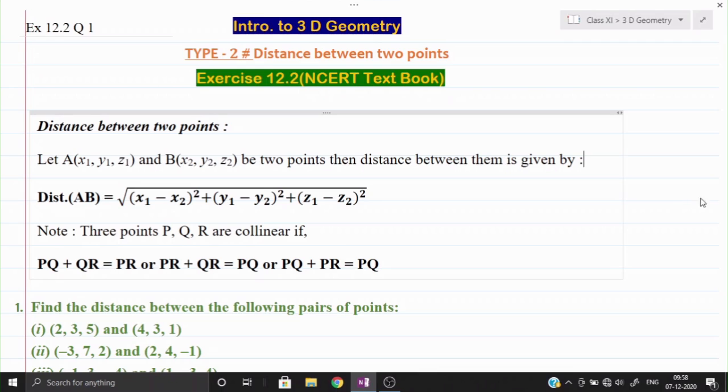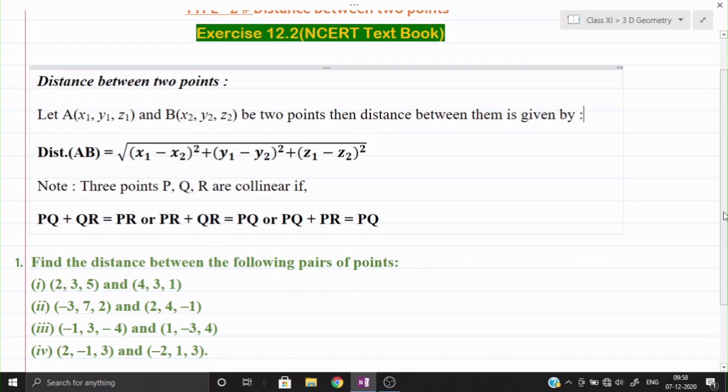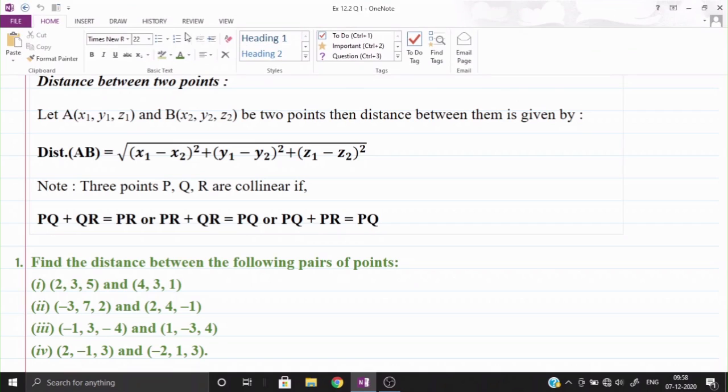Now one note is there. That note we have already covered in class 10, but once again we can see the note. Three points P, Q, R are collinear if, suppose we are given three points and we want to show that the three points are collinear, then the conditions are given over here.